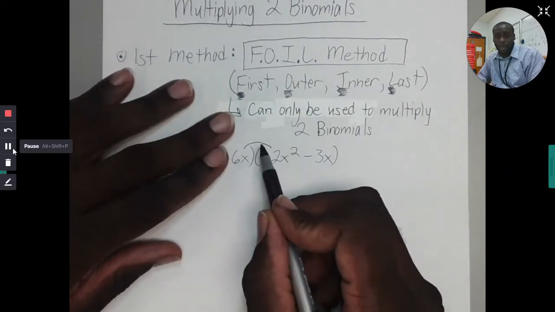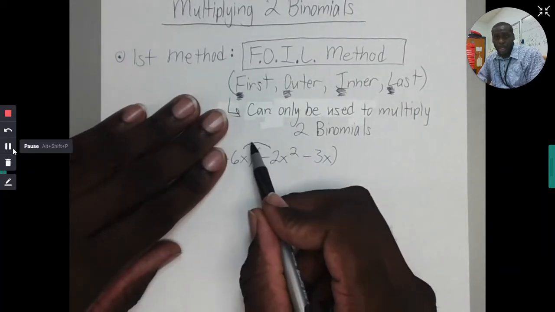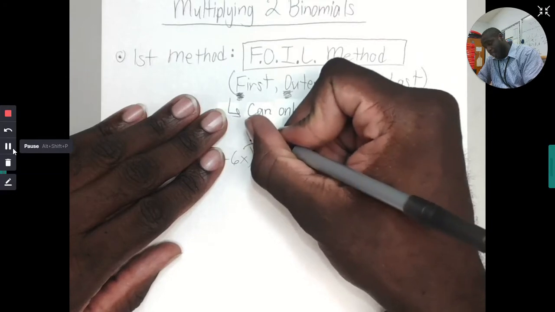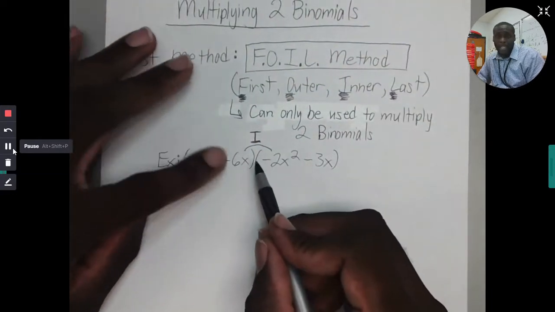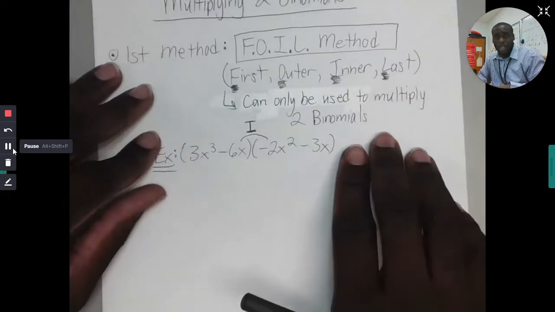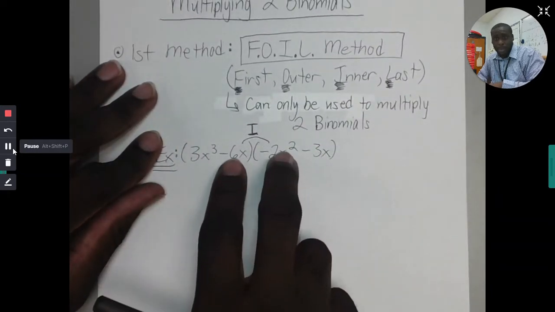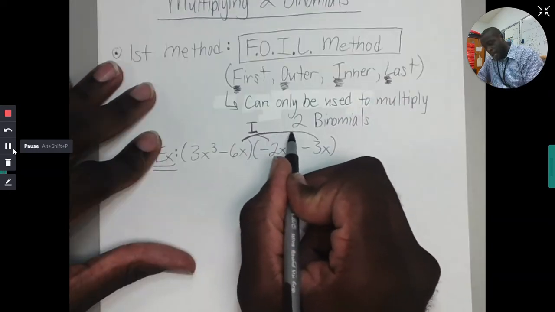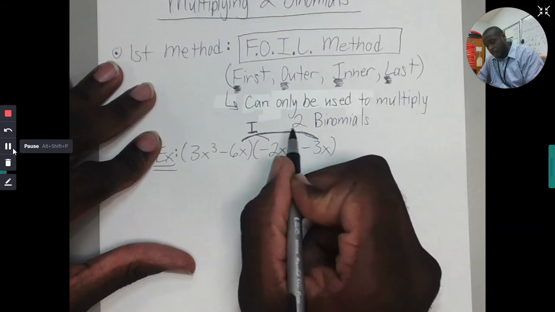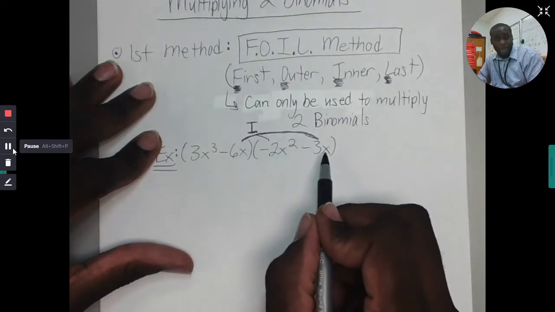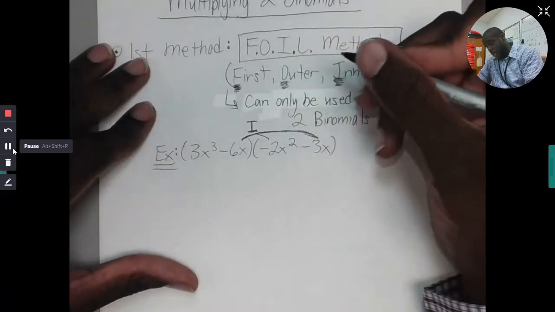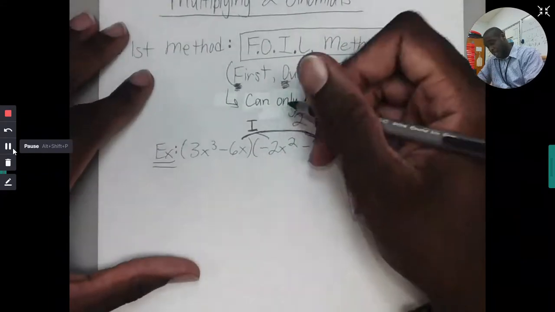This particular multiplication here is the I in the FOIL method. And again, the I stands for inner. So it is the two inner terms that you're multiplying.